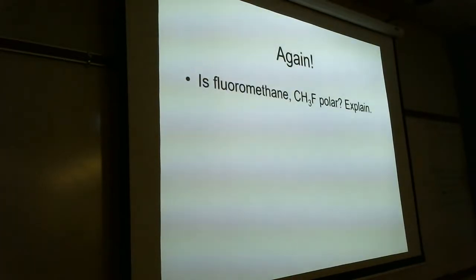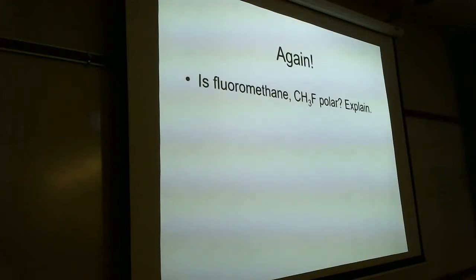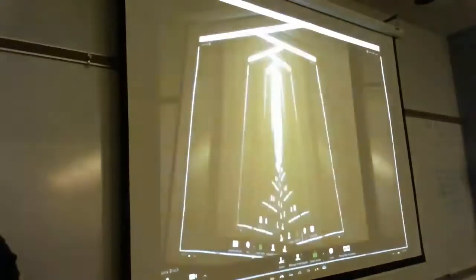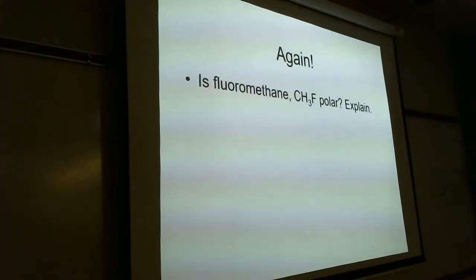All right, think about this one. Fluoromethane, CH3F. Take a second, sketch the Lewis structure, decide what you think about that one. Okay, let's go over fluoromethane. Polar or non-polar? What do we think?